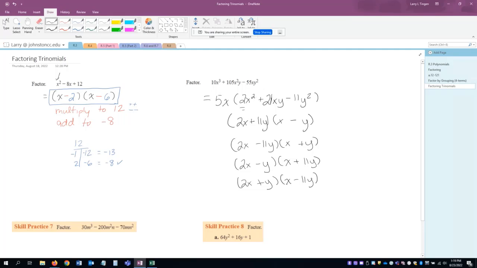If I FOIL this out, I get 2x squared, first outer, plus 2xy, minus 11xy, minus 11y squared. 2xy minus 11xy is going to give me negative 9xy.